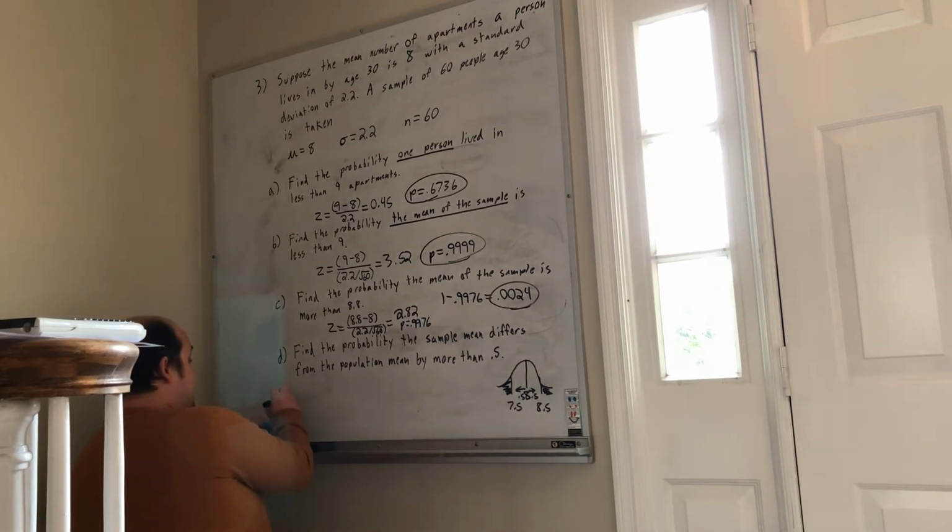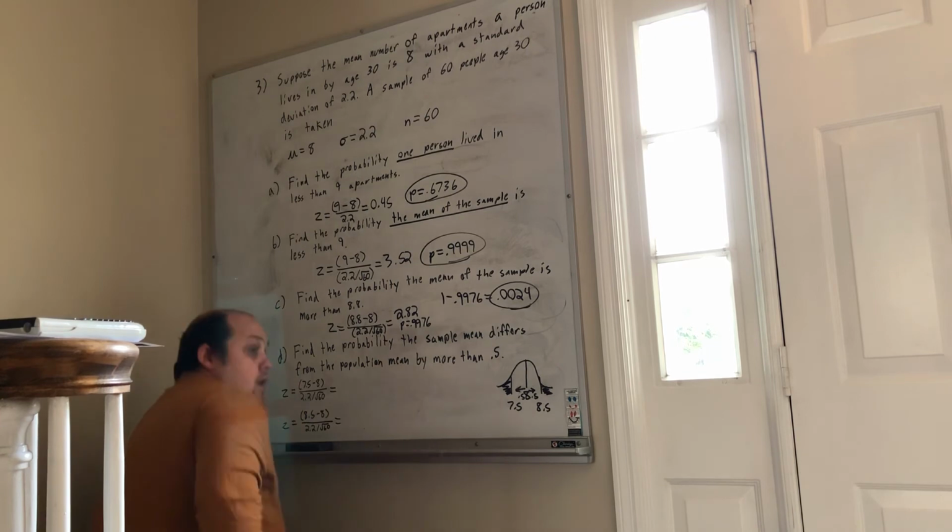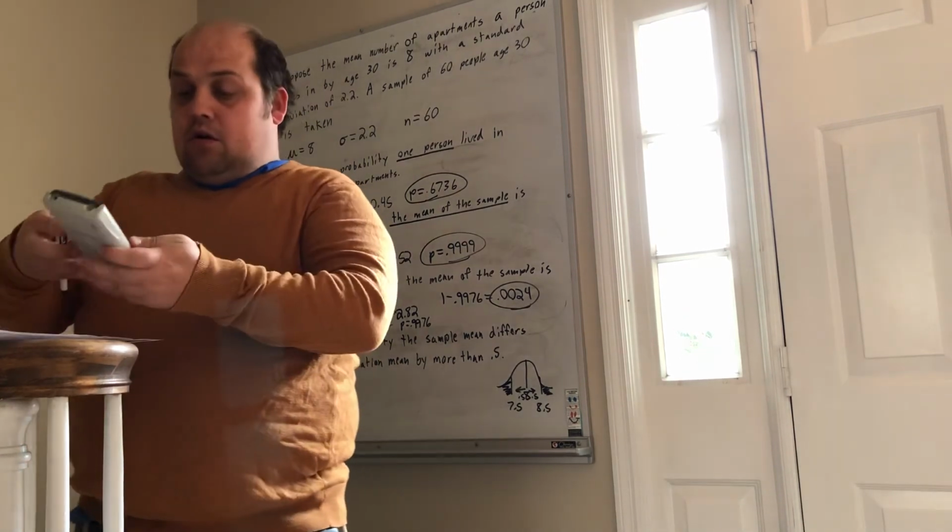I set up a z-score for each number. First one's going to be 7.5 minus 8 over 2.2 divided by the root of 60. Second one's going to be 8.5 minus 8 divided by 2.2 over the root of 60. I'm going to put these into my calculator.